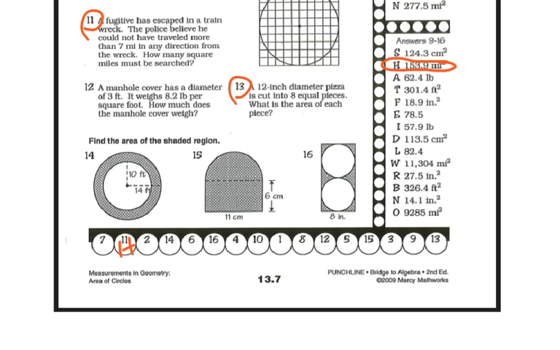It says a 12-inch diameter pizza is cut into 8 equal pieces. What's the area of each piece? So I got my pizza here, and it says a 12-inch diameter. So diameter is all the way across. But if we're trying to find area, it says what was the area of each piece. We don't really care about diameter.